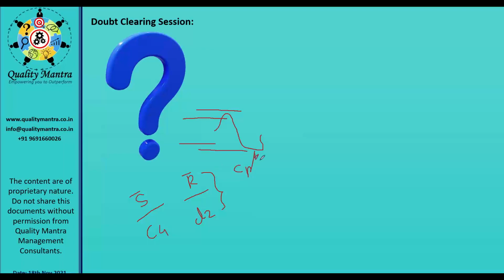And for PPK, the standard deviation you get from the variance. So when we are talking about the control limit, we are not talking about the specifications. Specifications come into the picture when you calculate the capabilities.